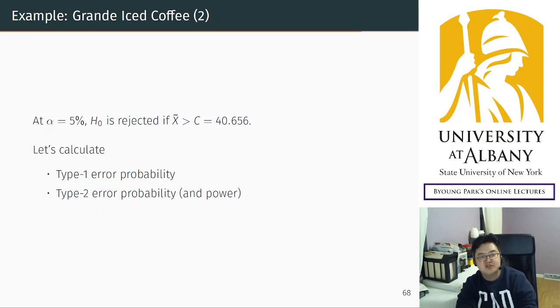Now we are going to consider one-tailed test, and the idea is the same. The calculation goes almost the same way, and actually even easier, because probability is only on one side. There is only one inequality inside the probability, so it should be easier to calculate them.